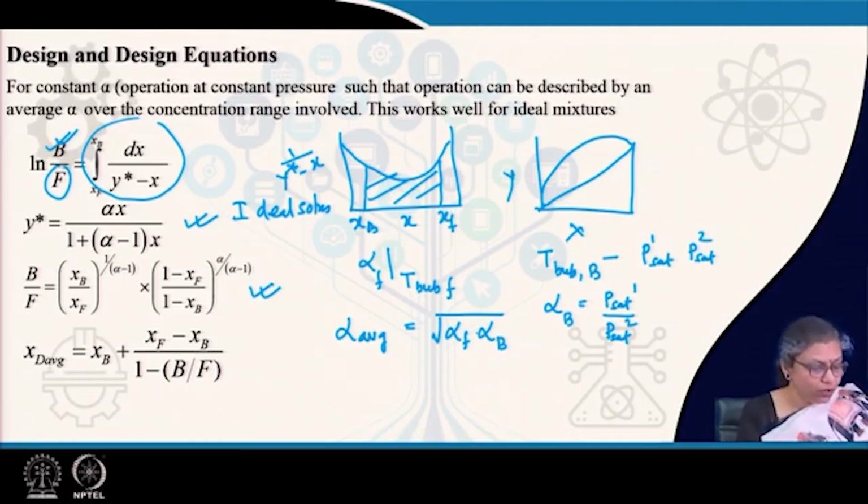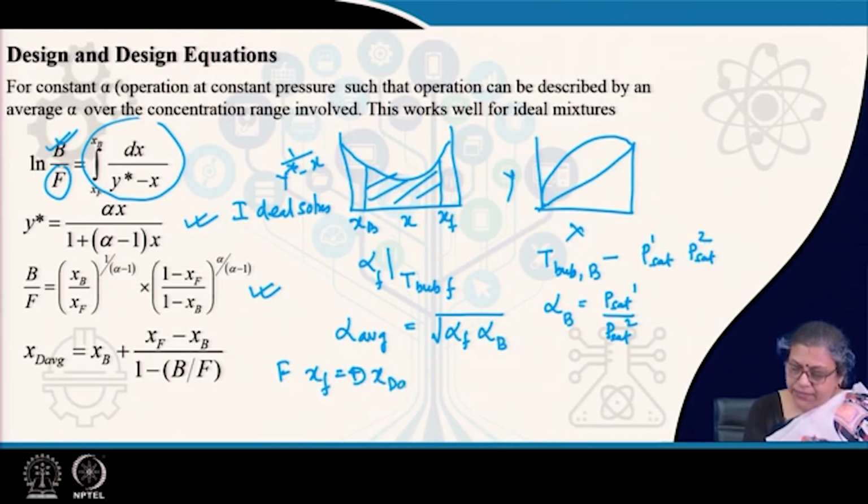Now, from the overall material balance, we also get the average XD in this particular case. For the average XD, we just do the overall material balance, which is F XF equals D times XD average plus B times XB.